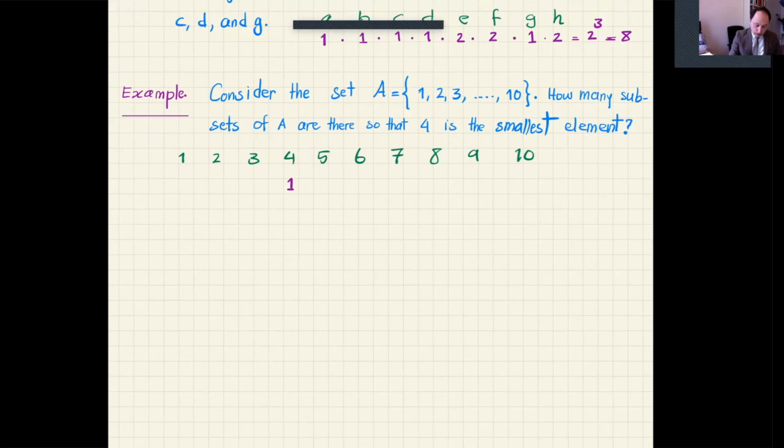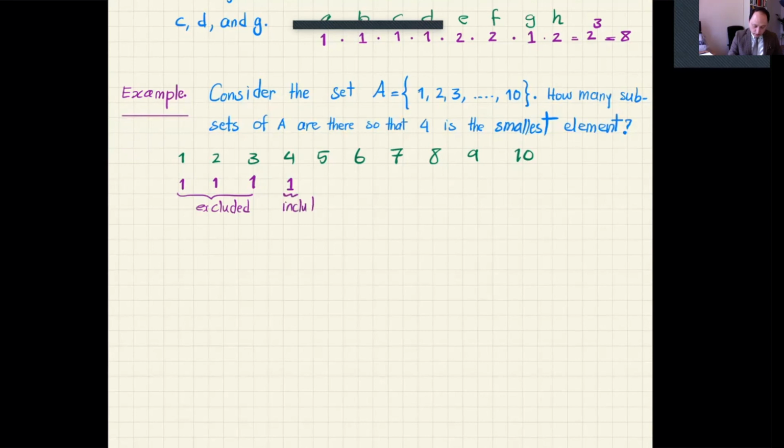Yes. So this means that this should be 1, 1, and 1. So excluded, this is included. Yes, but from 5 onwards, I have only two options, yes?